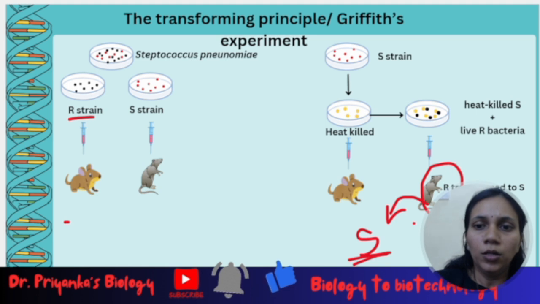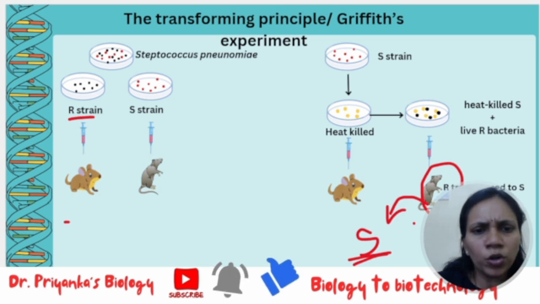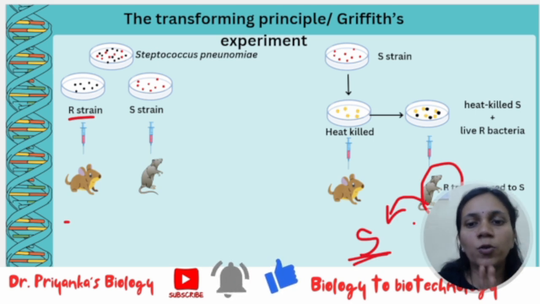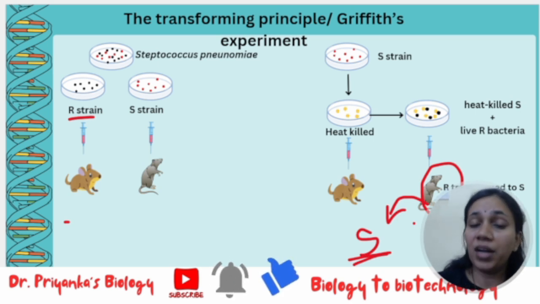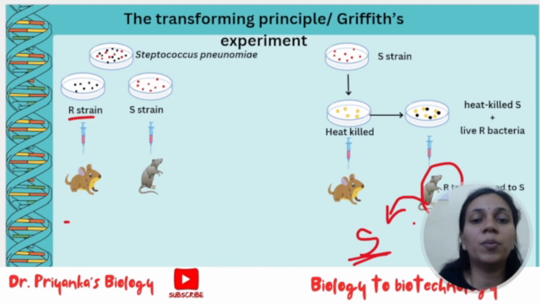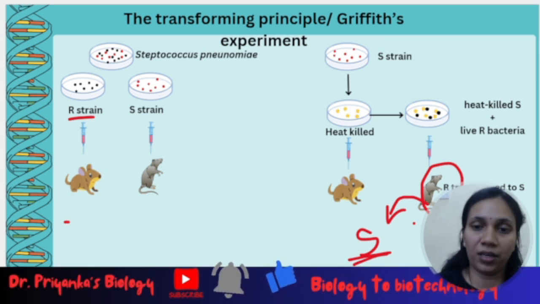So later on he started studying all this and he said that this could be because of the transfer of the genetic material. However, he did not prove the actual biochemical nature of the genetic material.